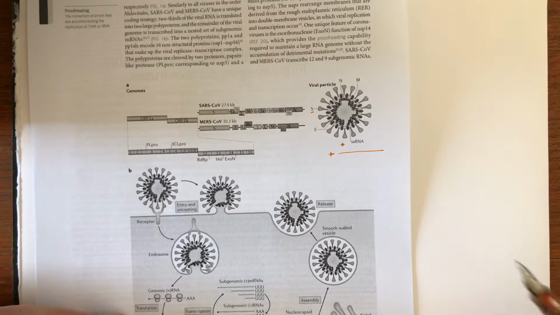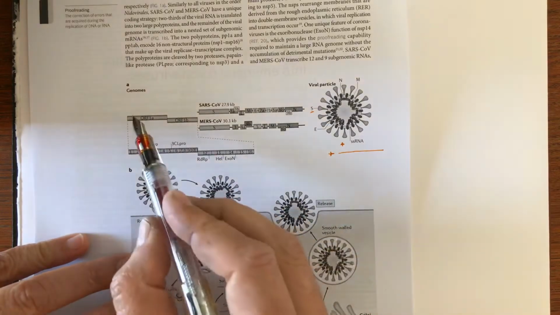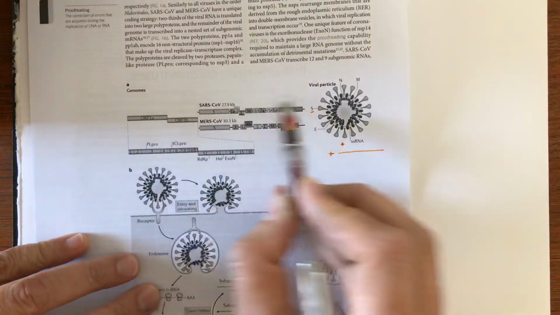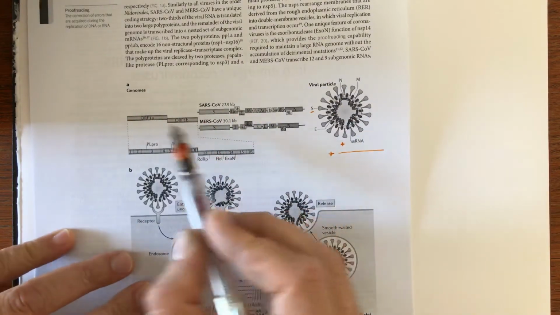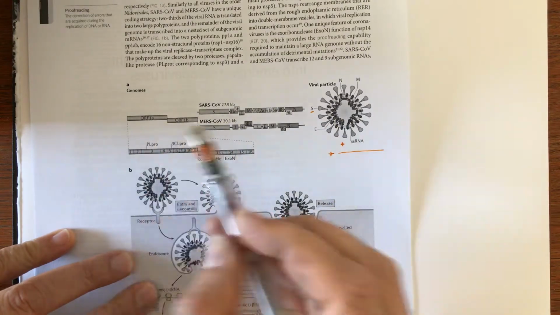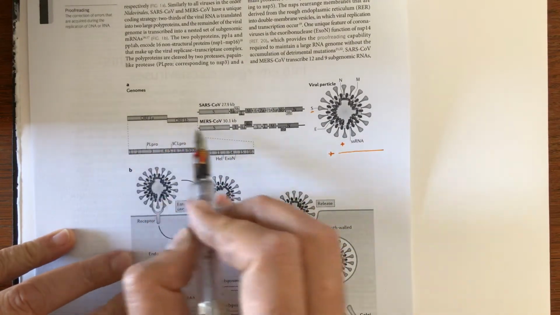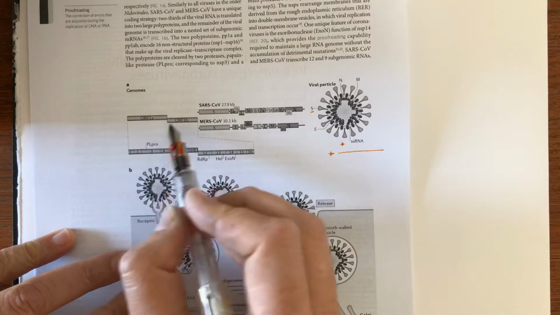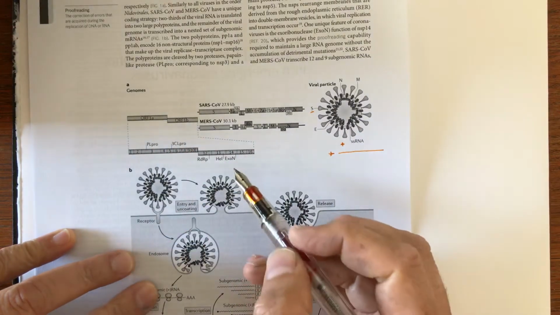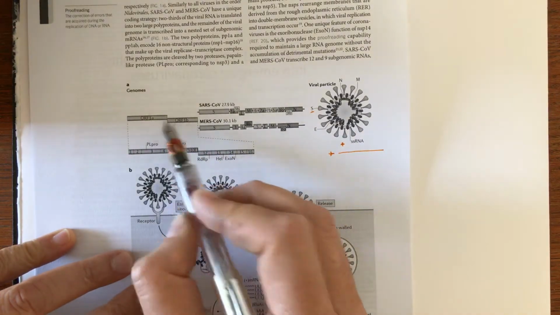So the genome here is shown, it's a single RNA, positive sense, and it's shown here in this breakup, and we have some symbols here. We have blocks for open reading frames, and then we have displacement here.